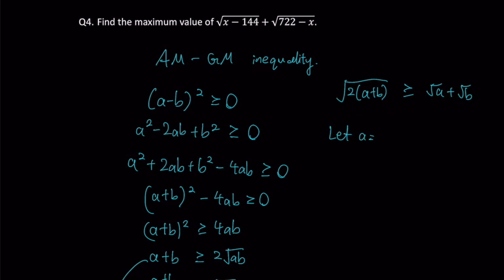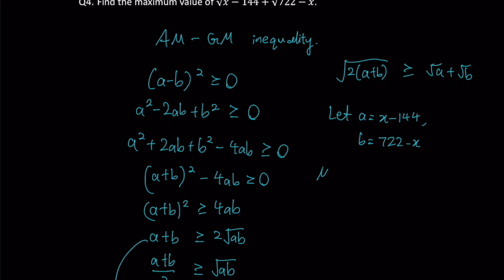Hence, we can let a be equal to x minus 144. Similarly, we'll let b be equal to 722 minus x. And therefore, we would be able to see that the maximum value is denoted by this expression on the left-hand side of the inequality.